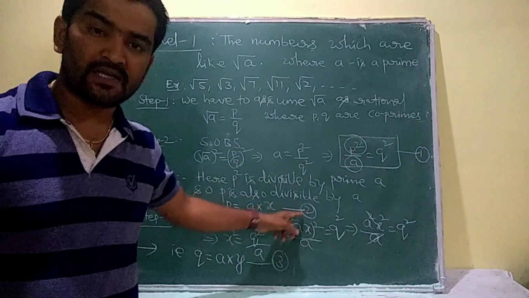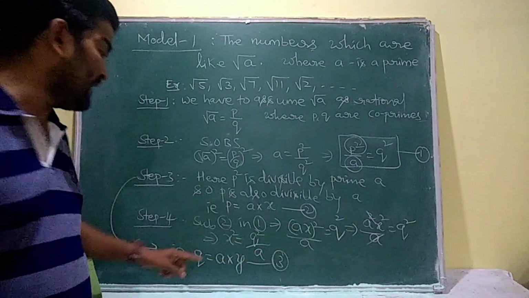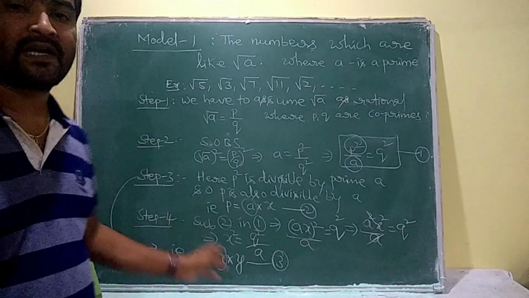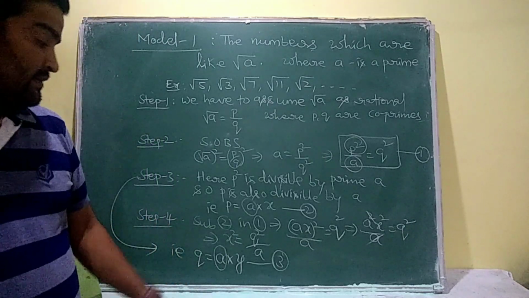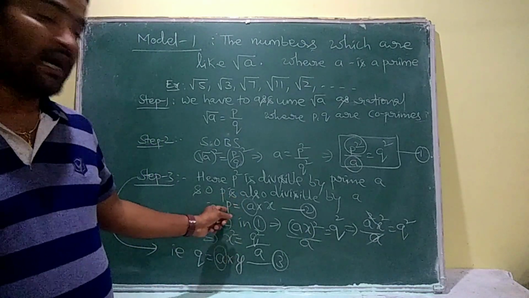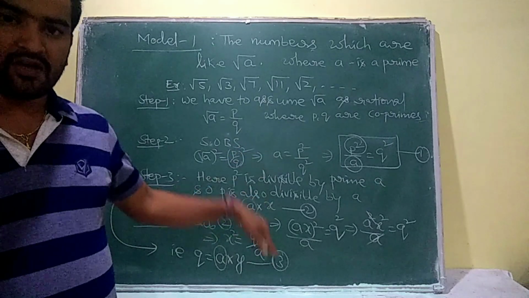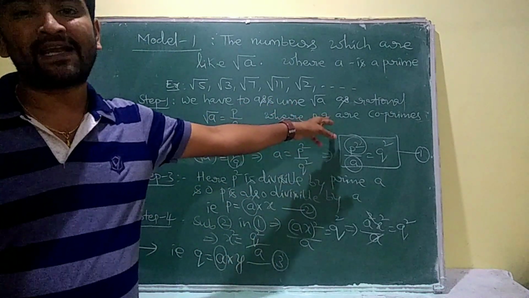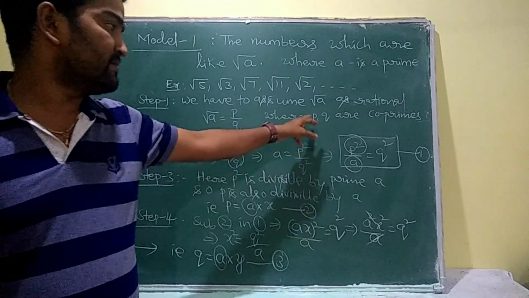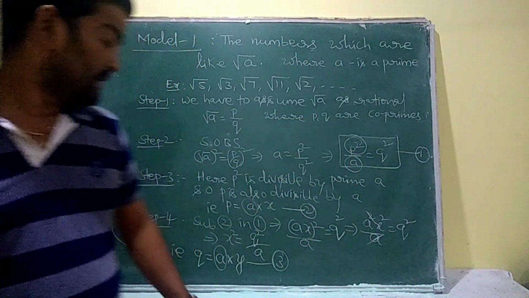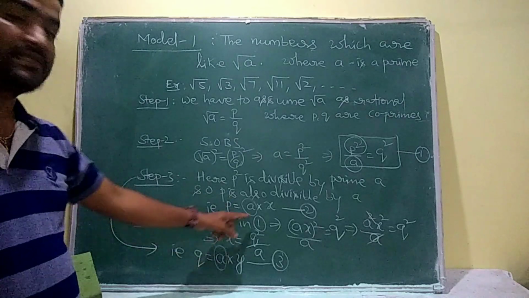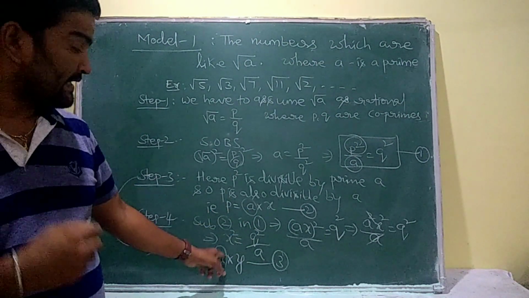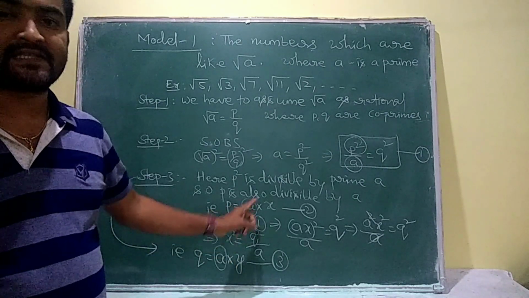From 2 and 3 just observe this, P and Q are having A as common factor. That is why our assumption is going to be wrong, because P and Q have only 1 as the greatest common factor, because P, Q are co-primes here. But here we obtain P, Q as having a greatest common factor A, that is A is a prime number.